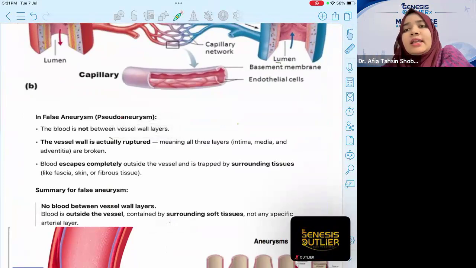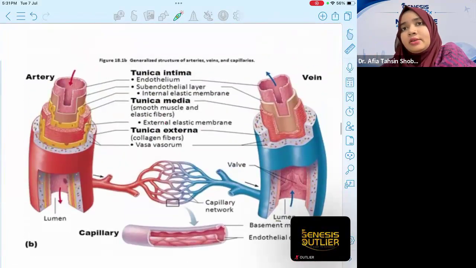The vessel wall is actually ruptured in false aneurysm, which means all 3 layers are broken and blood escapes completely outside the vessel. Be careful here: outside the vessel, and is trapped by surrounding tissue, not within the vessel layer or artery layer.